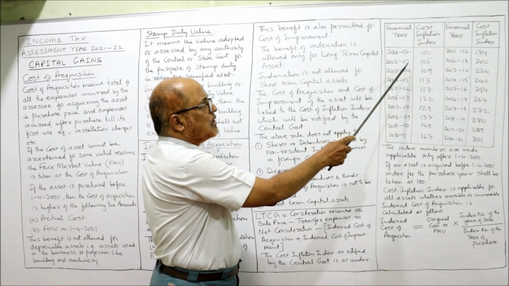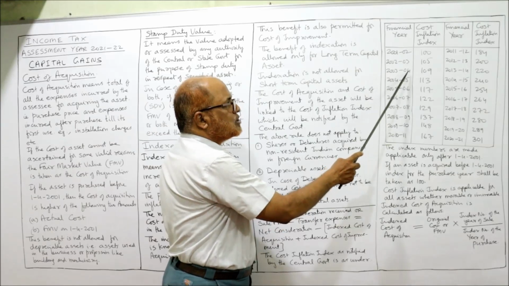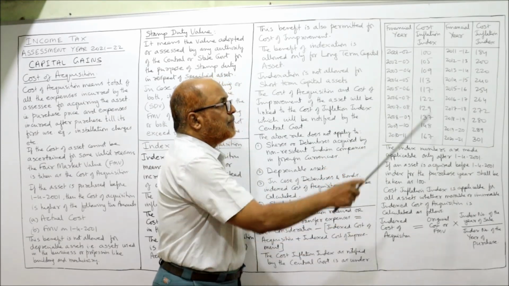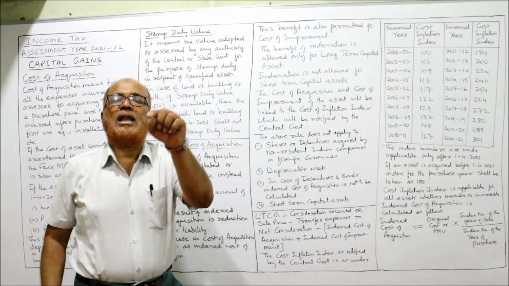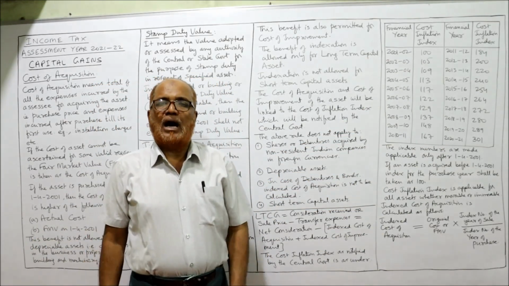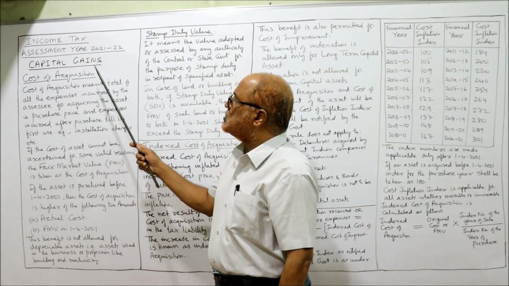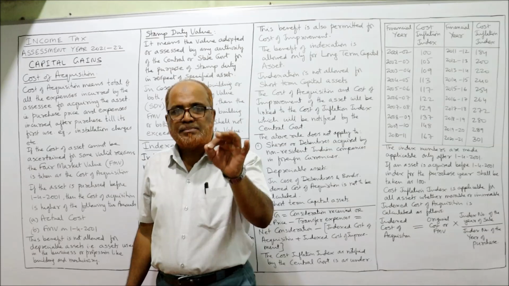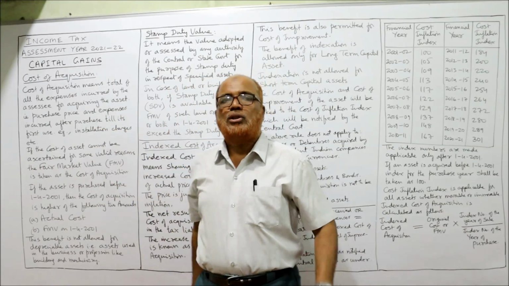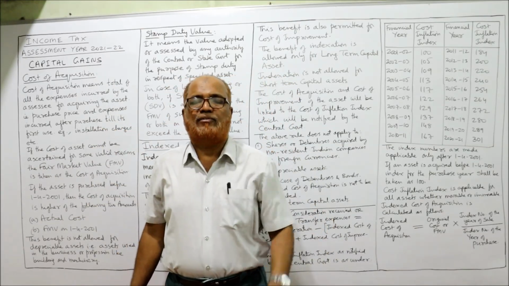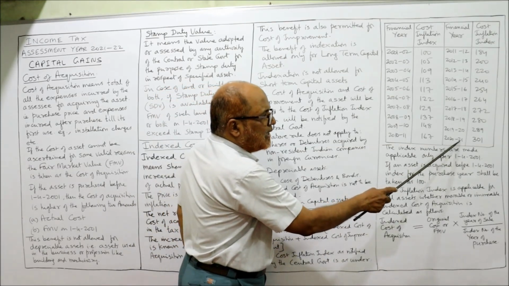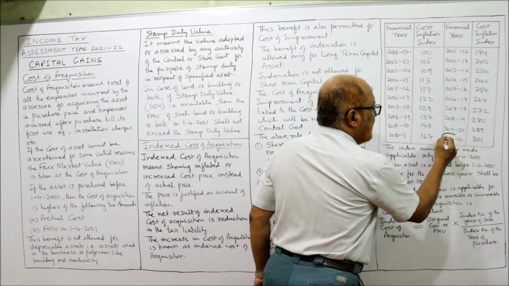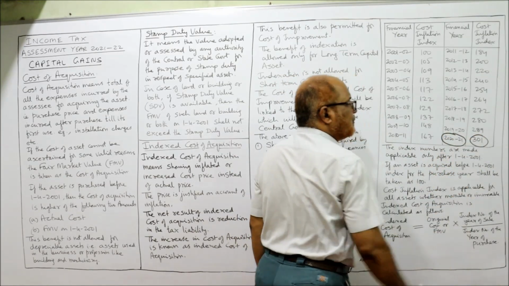Then 2002-2003 is 105, 2003-2004 is 109, then 2004-05 is 113, 2005-06 is 117, and like that it goes up to the current previous year. Our current assessment year is 2021-22, and the previous year is 2021. For the 2021 previous year, the index number is 301.